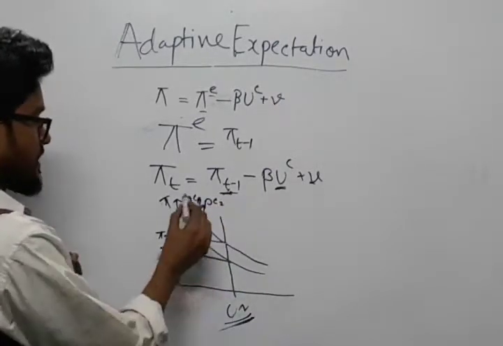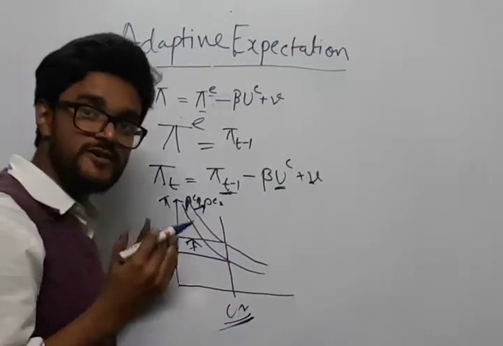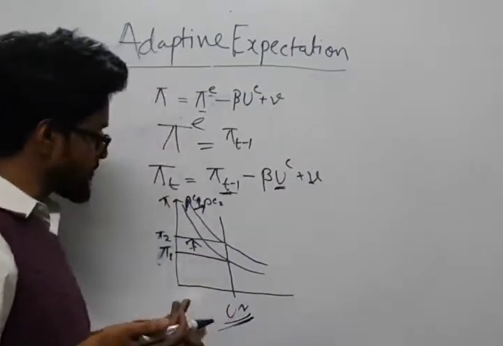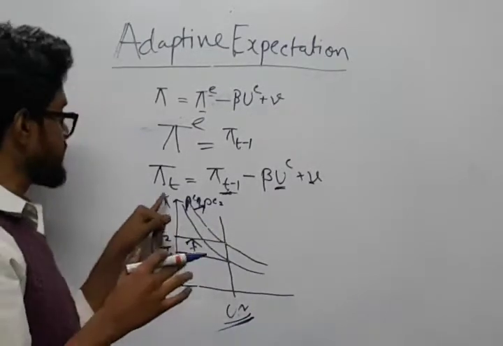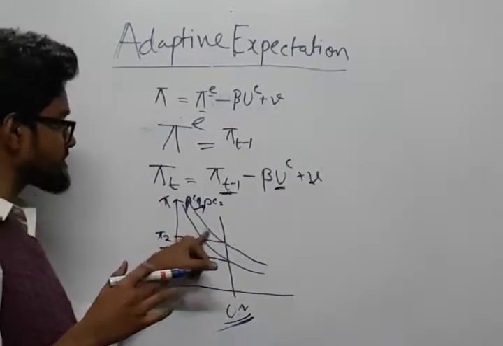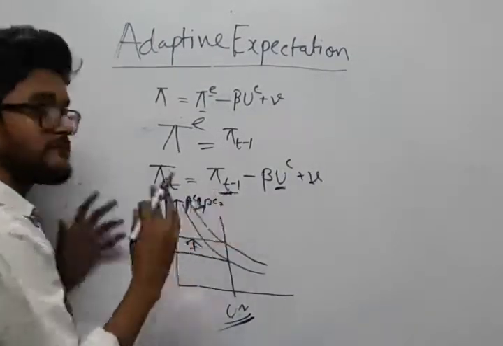So here this can be shown as this, that is, as expectation of inflation has increased due to this increase in money supply, the Phillips curve has shifted rightward. Now how expectation of inflation changes?